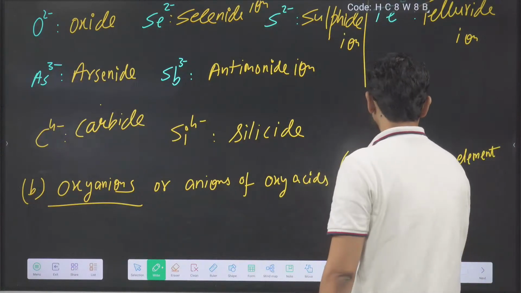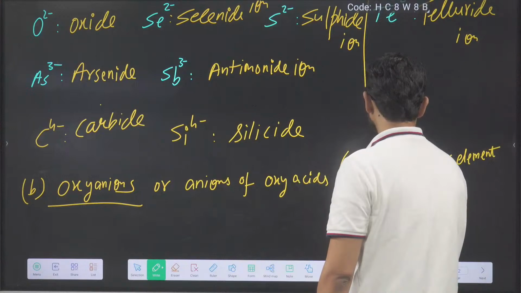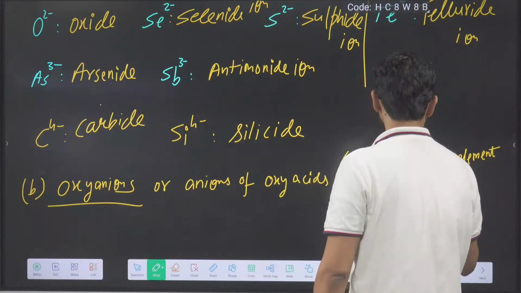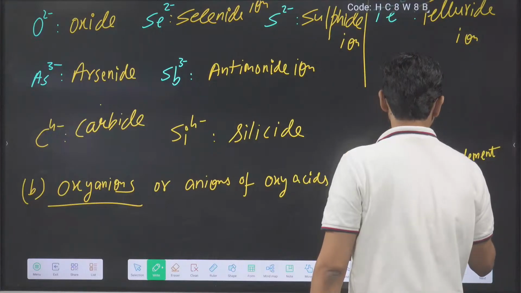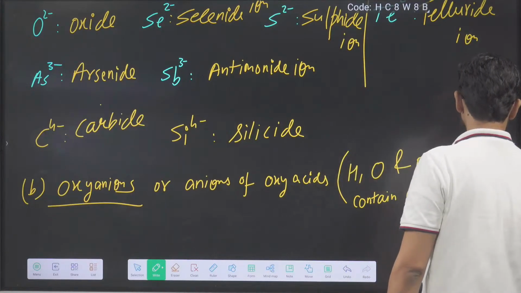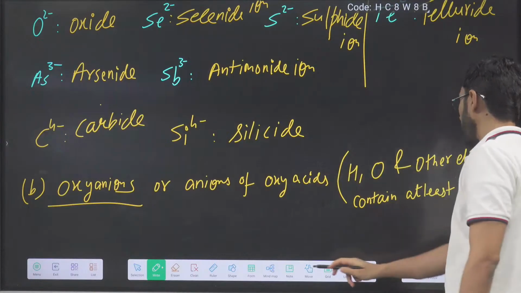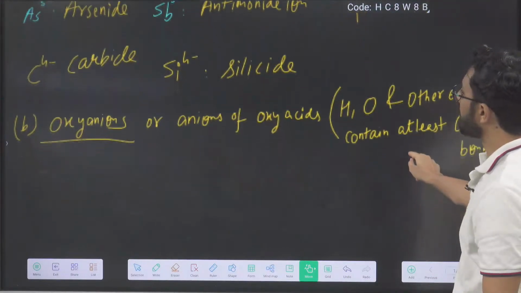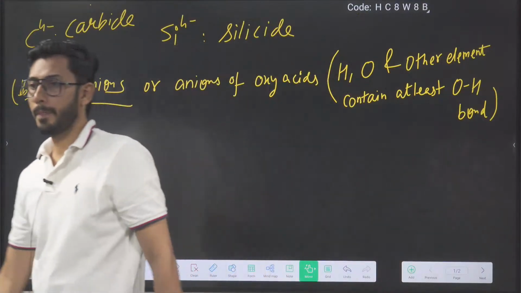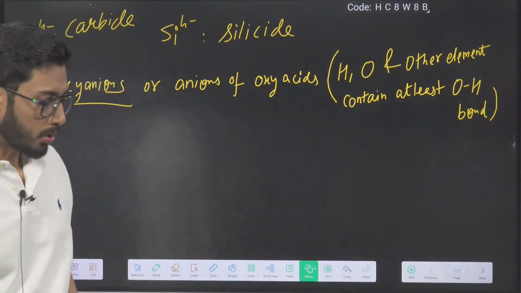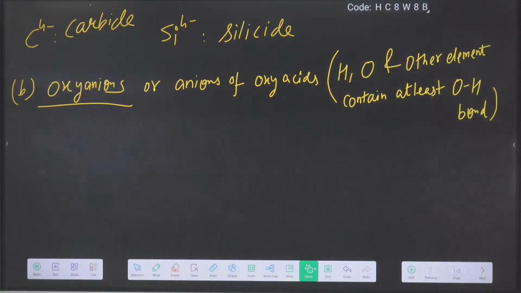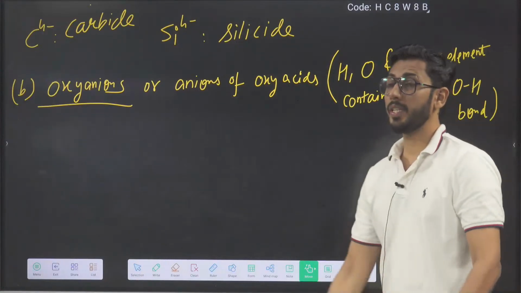The other element contains at least one OH bond. Oxoanions or oxyanions means anions derived from which acid?